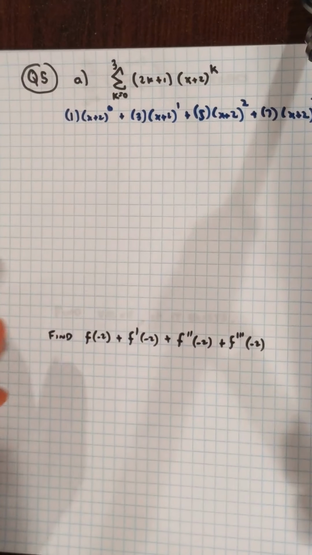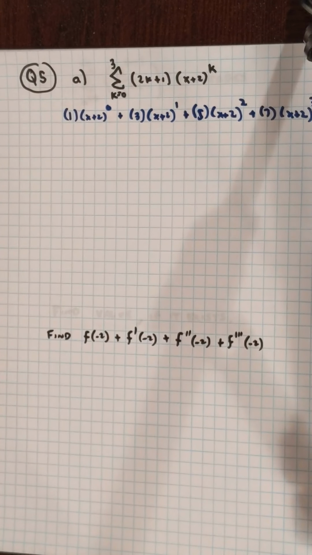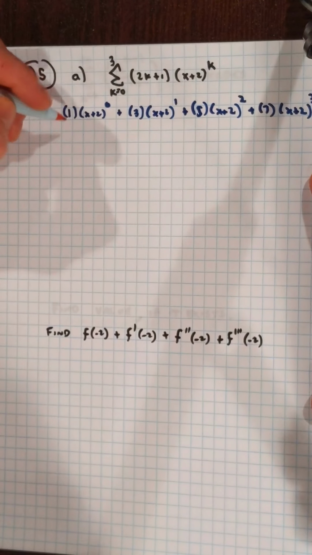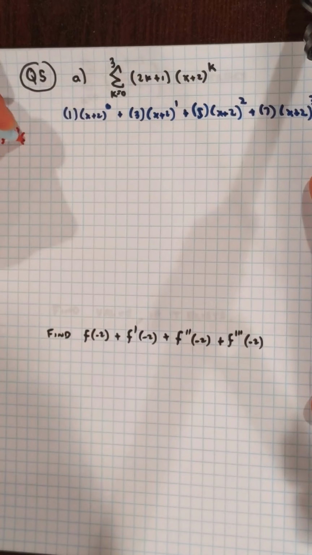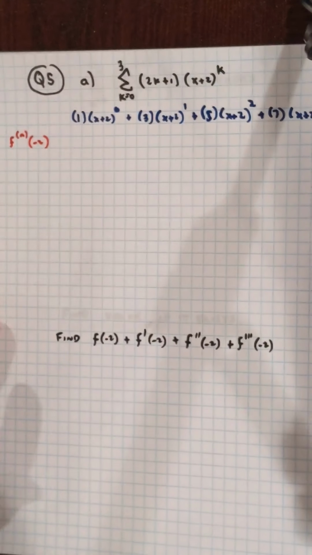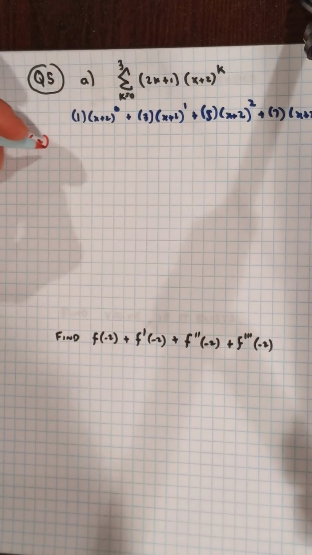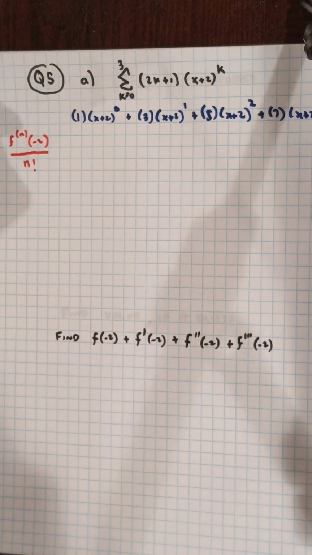Now, where we're going to find these derivatives is what I have to remember. Step 1 to writing these polynomials is you first find the nth derivative at the center, which they tell me is -2. Okay? And then second step, to find the coefficient, you divide by the n factorial.